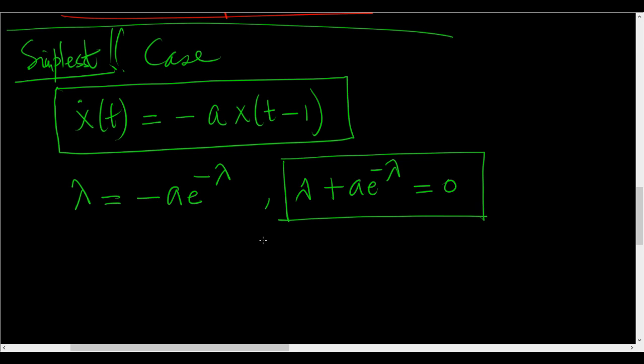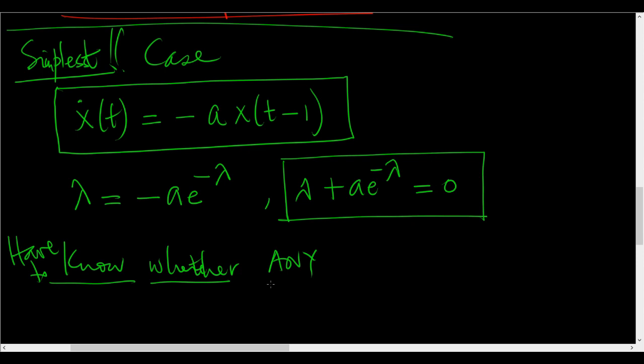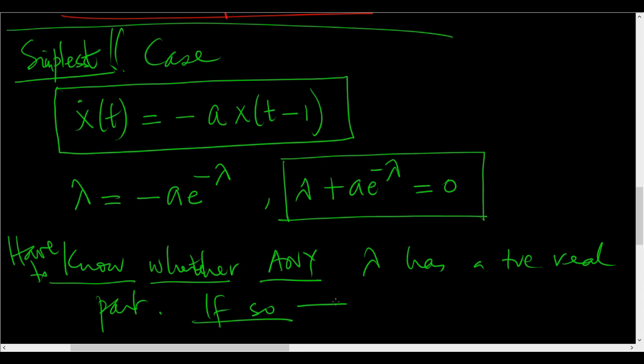Now we will have to know whether any lambda has a positive real part. If it does, then the system is unstable.